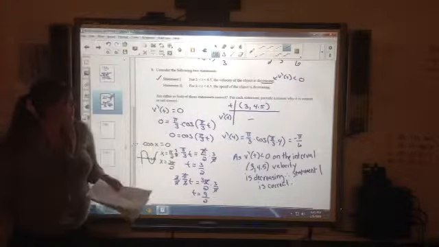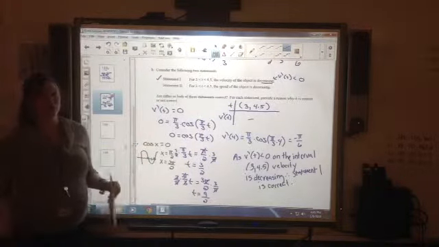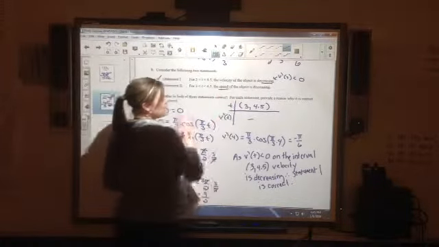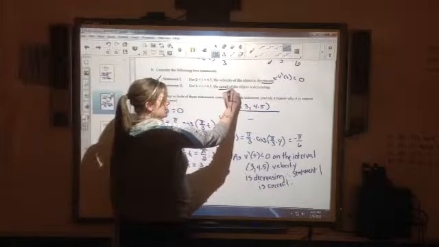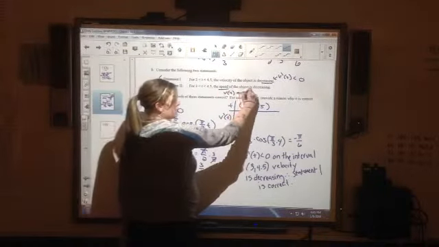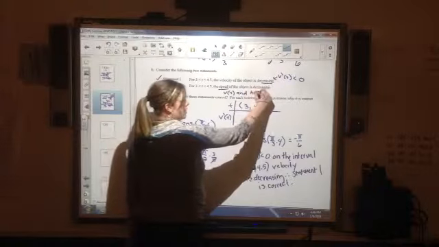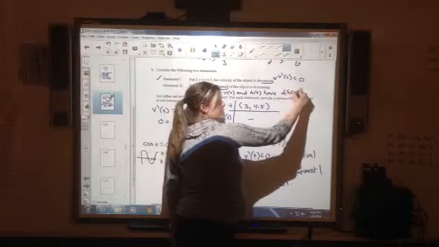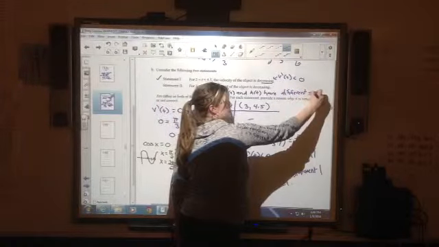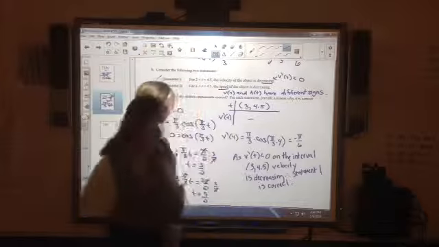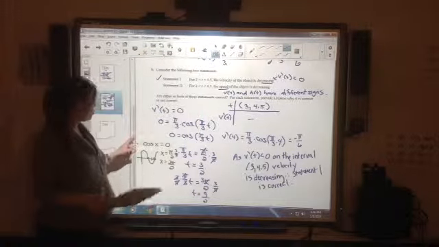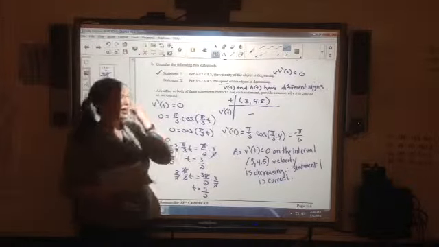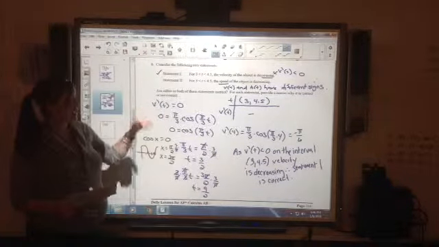The second one, then: the speed of the object is decreasing. Now remember what that means. As soon as we're talking about speed decreasing, that means velocity and acceleration have different signs, meaning one's positive, one's negative. So if I'm talking about from 3 to 4.5, what I need to know is, if this object's speed is decreasing, v of t and a of t have different signs.